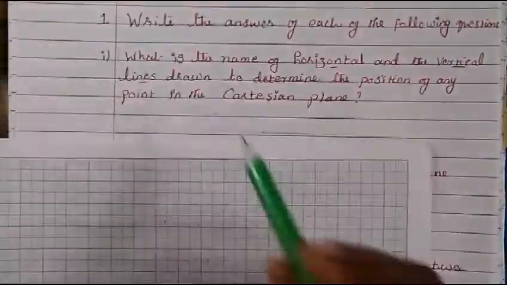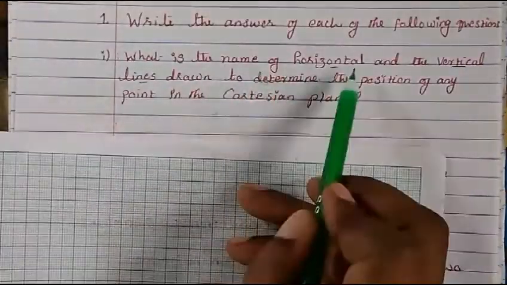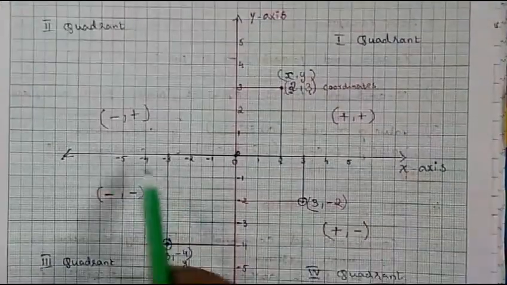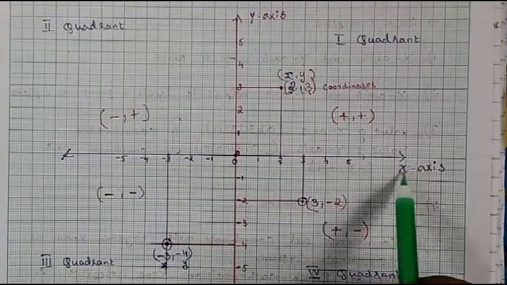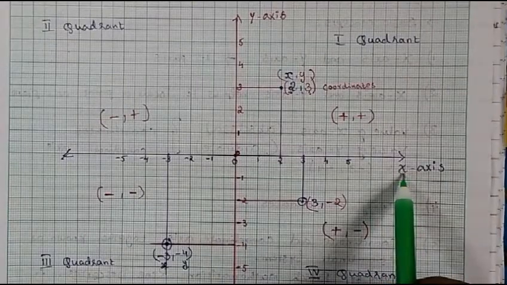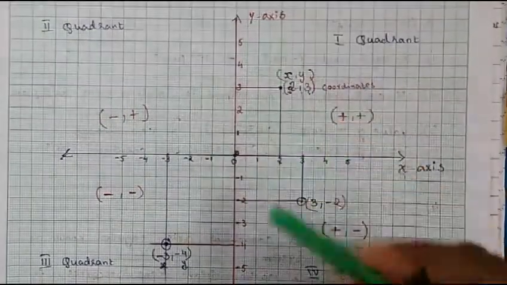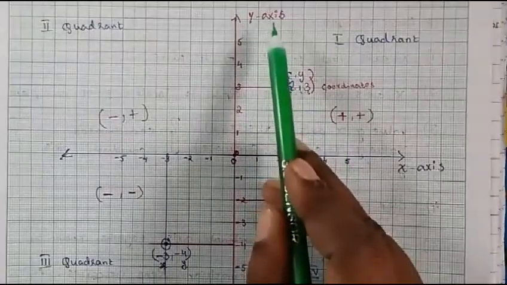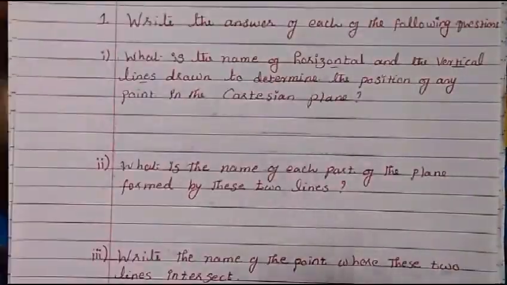So the question is, what is the name of horizontal and vertical lines? In the introduction, I told you, the horizontal line is called x-axis and the vertical line we call y-axis. So that is the answer.